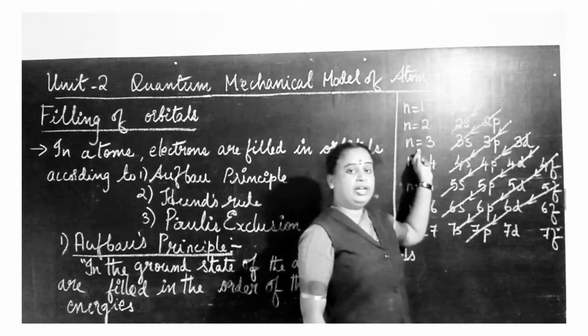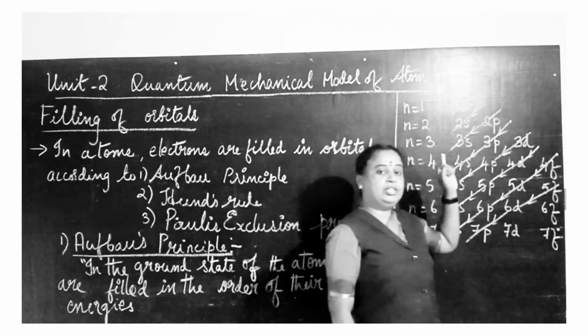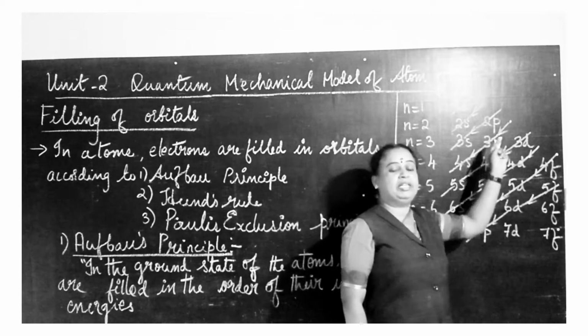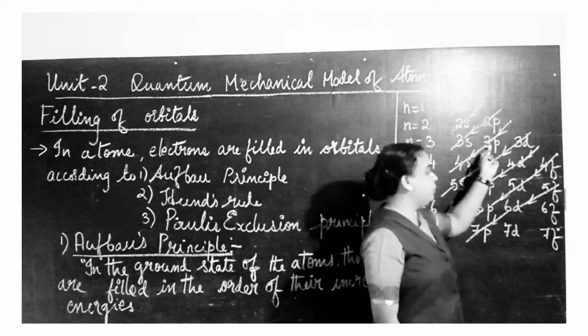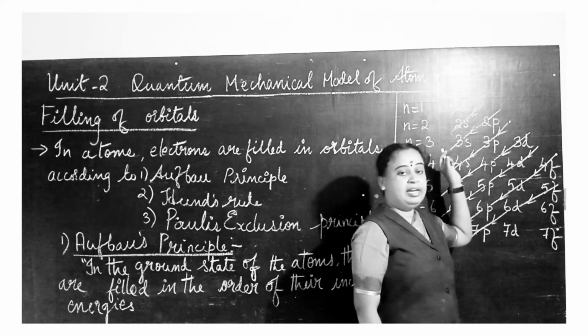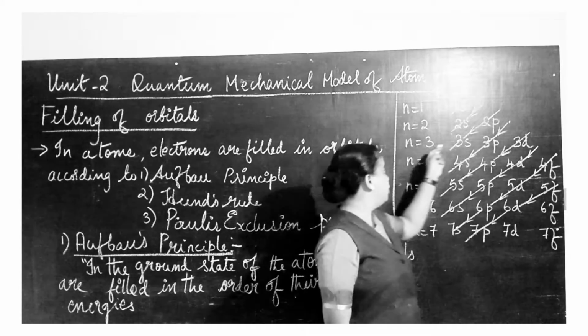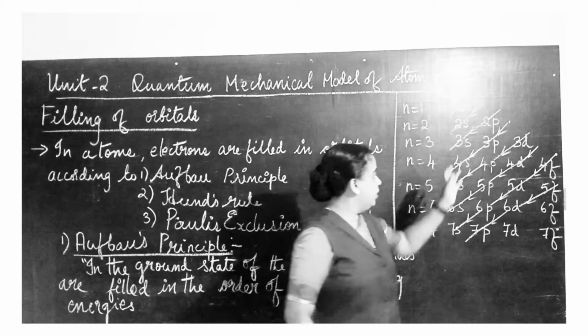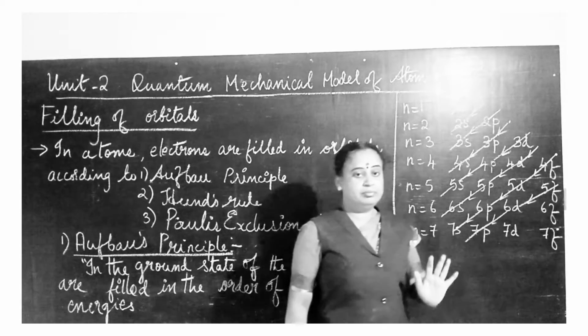Then when n is equal to 3, the orbitals are 3s, 3p, 3d. All these orbitals, s, p and d, are of the same shell, so their energy will be equal.